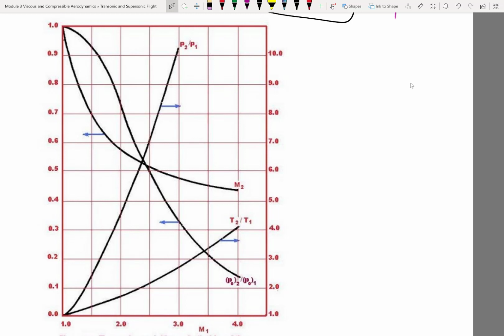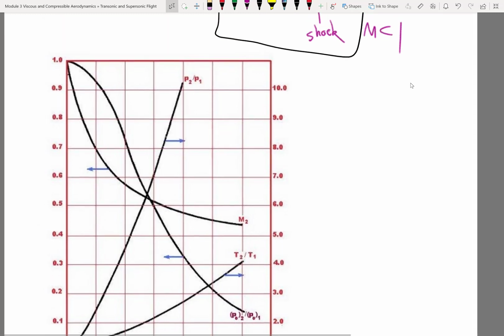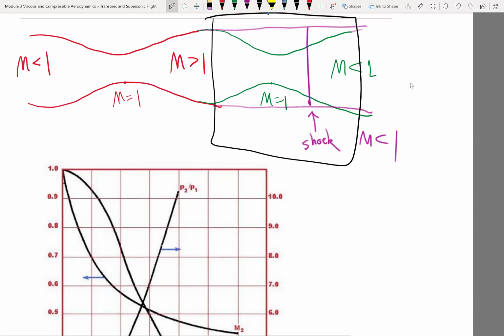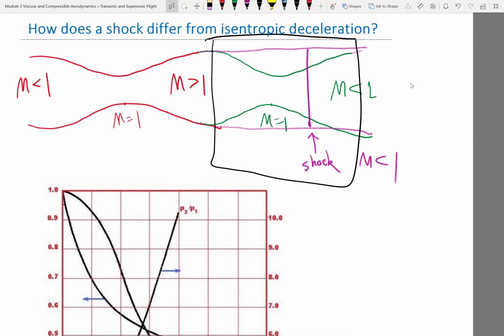The other line that looks at the left axis is the stagnation pressure loss. That's the ratio of the stagnation pressure. So that's the most important quantity, probably. Because if you look at the green case, the isentropic deceleration, what is the ratio of stagnation pressure between the downstream and the upstream flows?